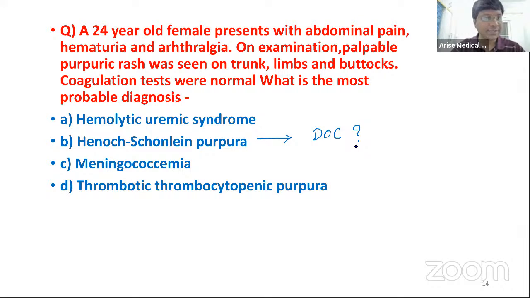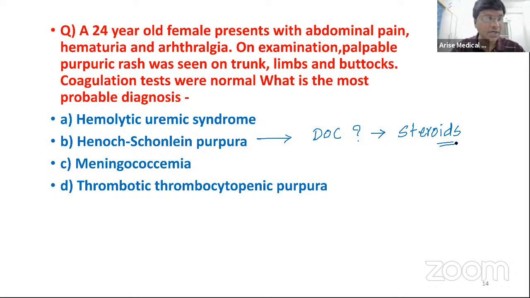No. The drug of choice is steroids. Right, drug of choice is steroids.